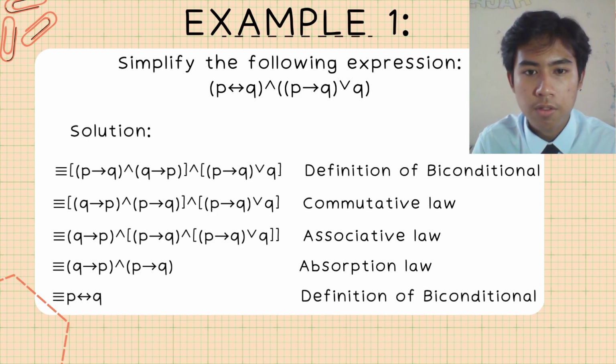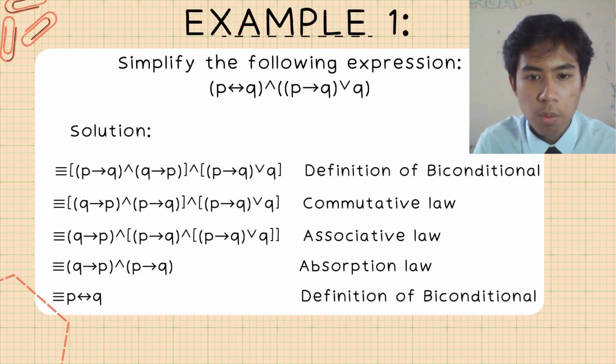We change P if and only if Q to P implies Q and Q implies P, and the rest we just rewrite, which is P implies Q or Q. Next, we use the commutative law. We change the position of P implies Q and Q implies P to Q implies P and P implies Q, and P implies Q or Q.